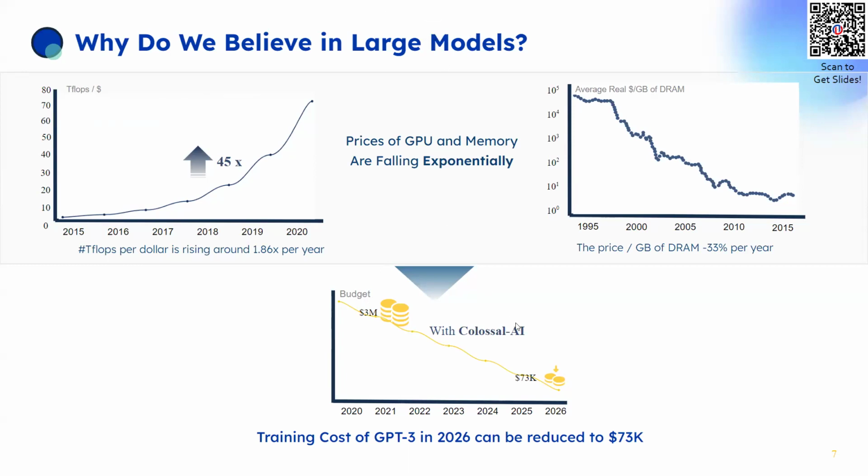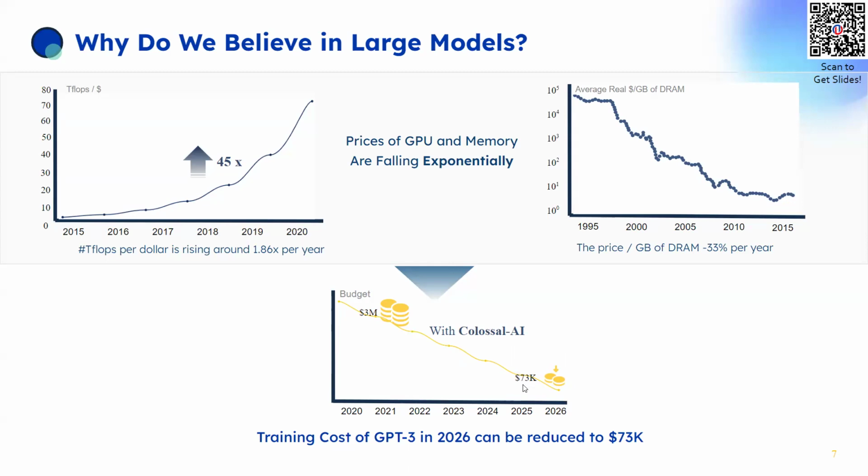We predict we should be able to reduce the training cost of GPT-3 from $3 million in 2020 to just $70,000 in 2025, or maybe just $10,000 because we may have faster algorithms. So here is just making full use of hardware, but we may have a better model and faster algorithm.